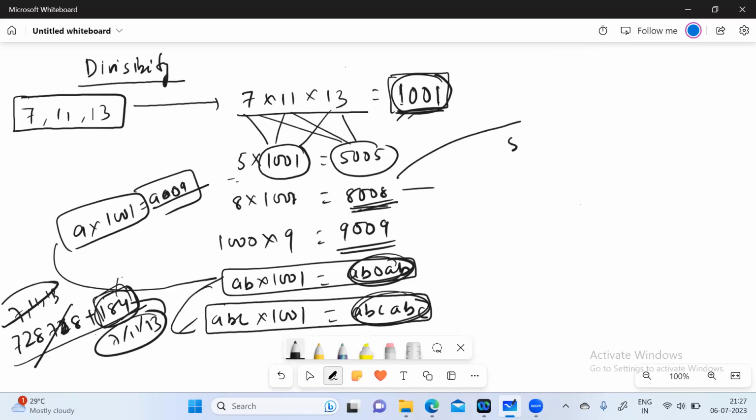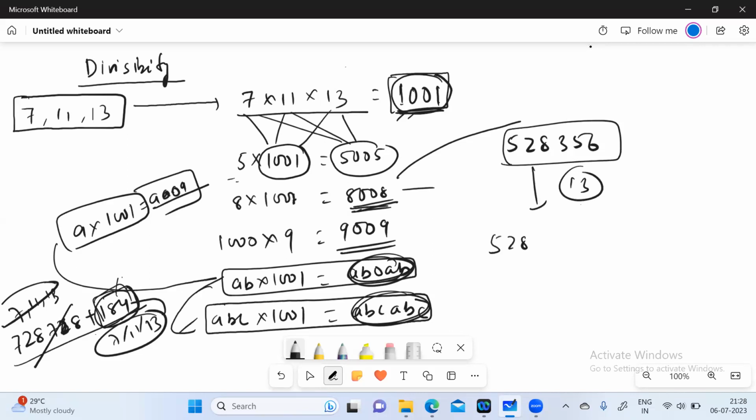If somebody is asking you to find the divisibility of 528356 by 13, what I'll do is I'll change 5 to 8 and 5 to 8. But what we took is more than this.